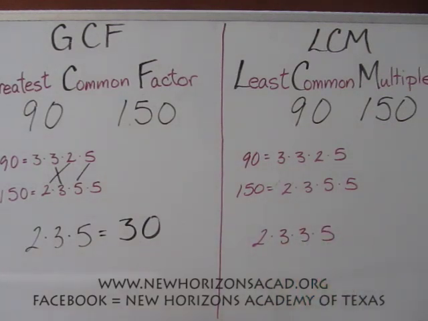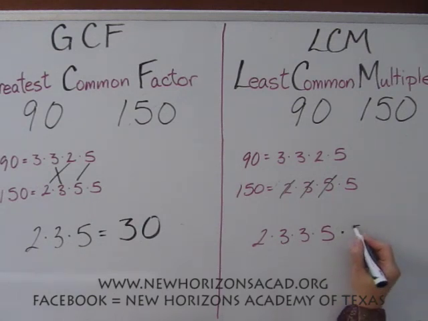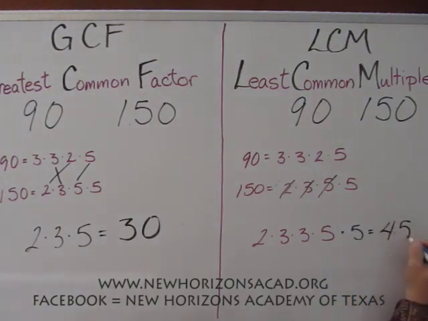To be a multiple of 150, must have all the ingredients of 150. Well, there's a 2 there, so that's taken care of. There's a 3 there, so that's taken care of. And there's a 5, so that's taken care of. But I need to have another 5. So my answer is going to be 450.